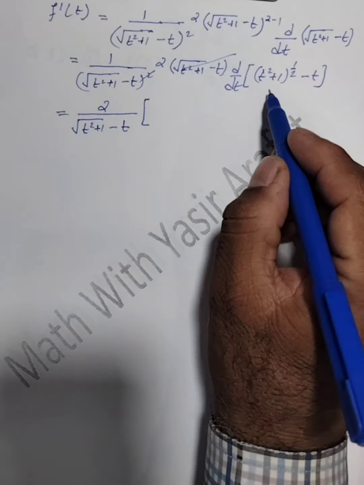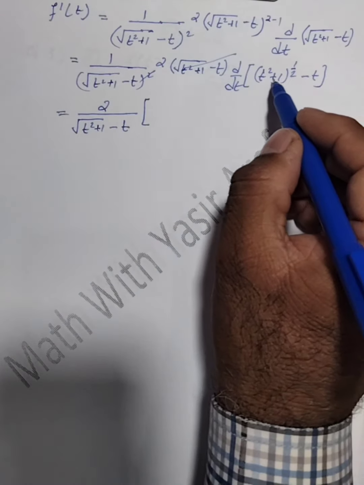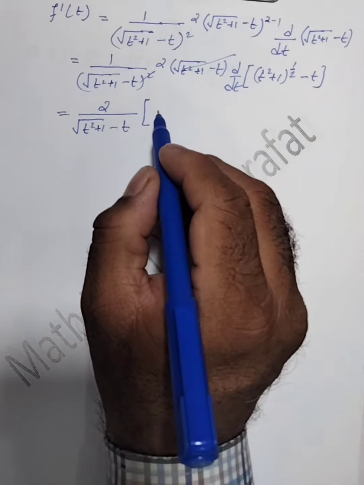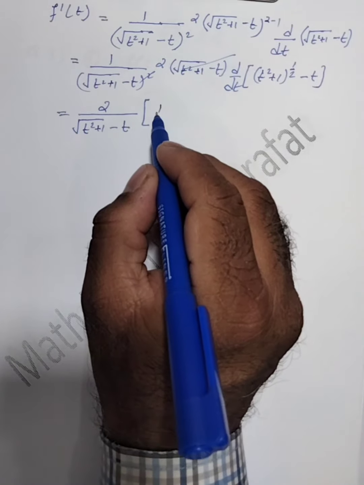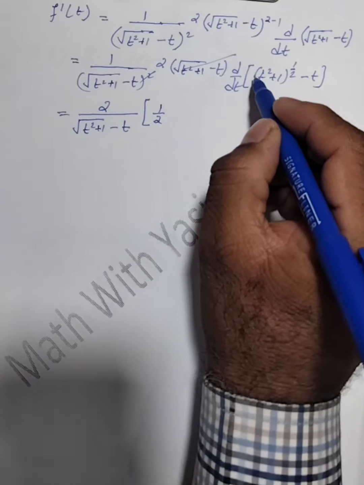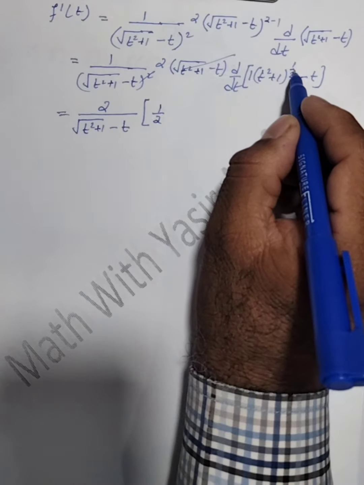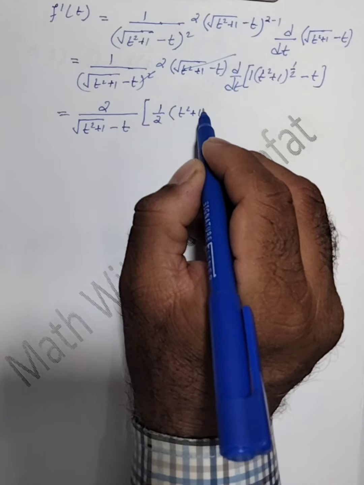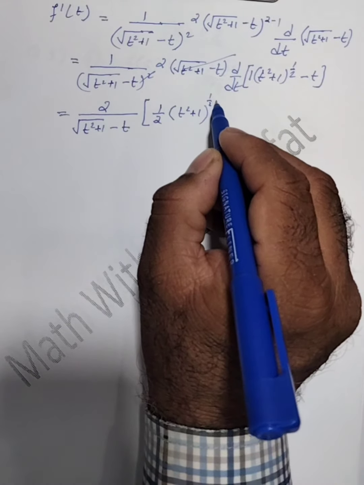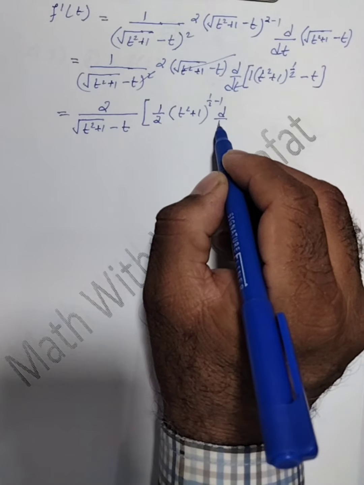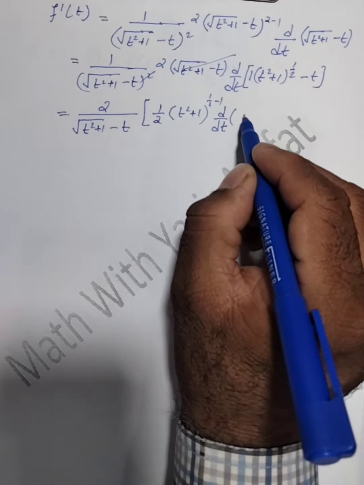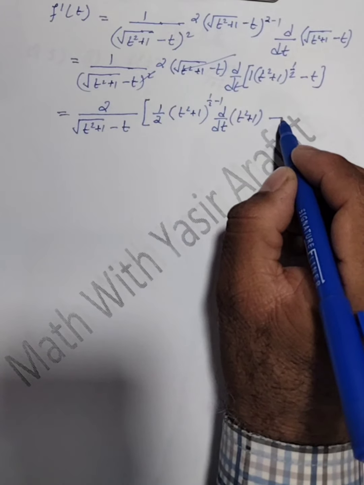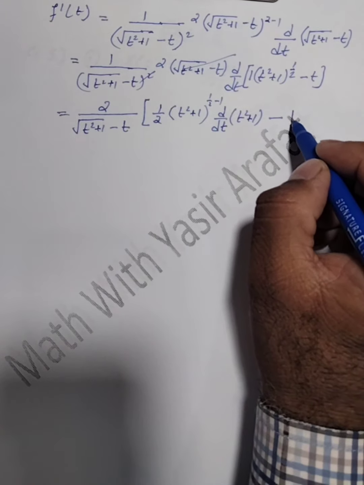And here, dear students, the derivative of t square plus 1 to the power 1 over 2: we have to apply the power rule. So this is 1 over 2, the coefficient 1 multiplied by half, it is 1 over 2 times t square plus 1, decreasing 1 from the power, and then we have to find the derivative of the function, minus the derivative of t, which is 1.